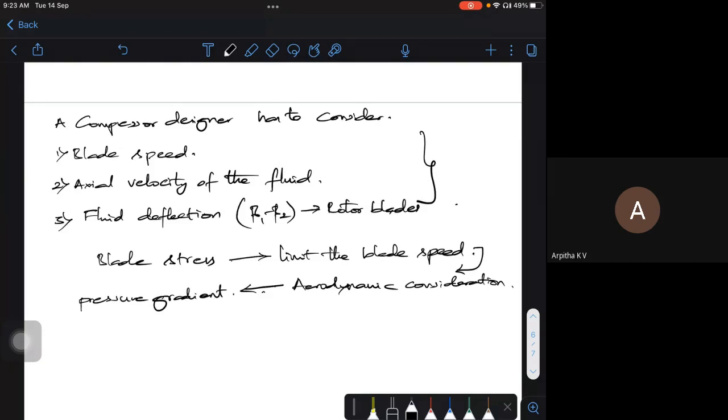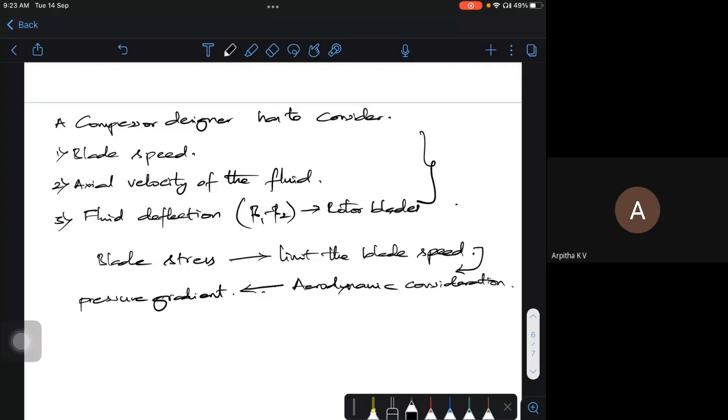Hope you remember from advanced fluid mechanics, we had two types of pressure gradients: the adverse pressure gradient and the favorable pressure gradient. All these things will lead to high blade stresses. If blade stresses are kept under control, then the speed is under control, the whole aerodynamic shape is under control, and maybe the pressure gradient also will be under control.